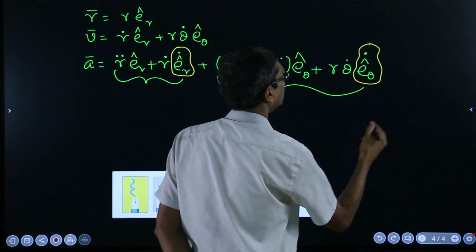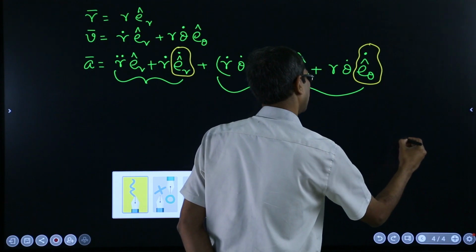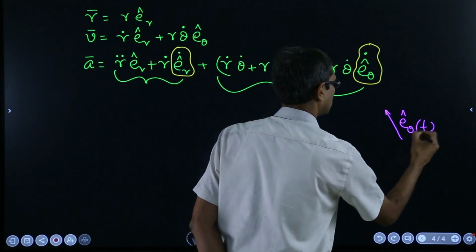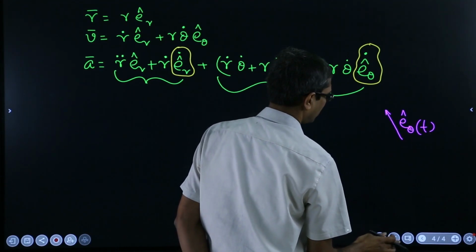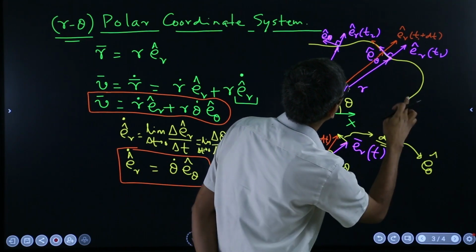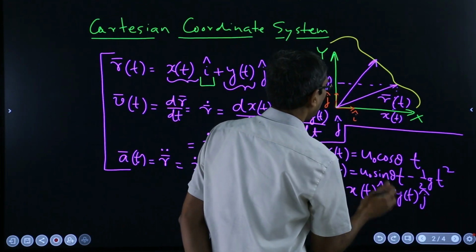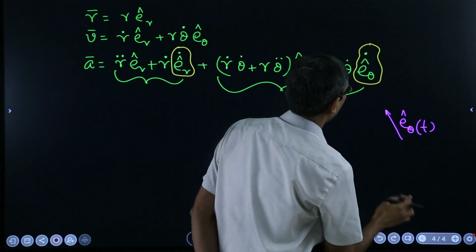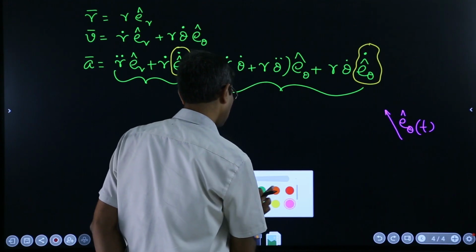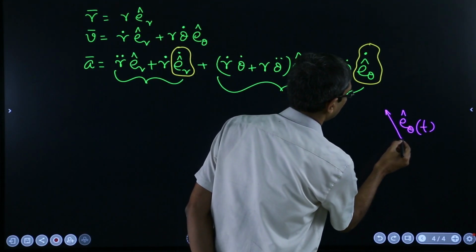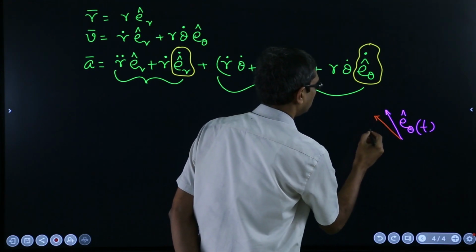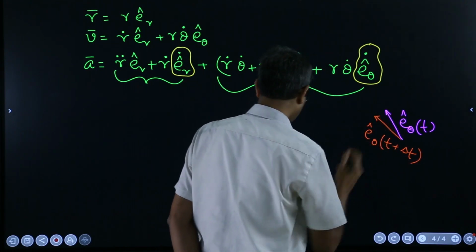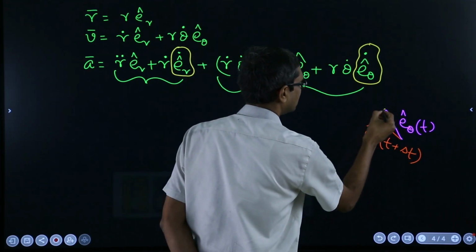So e theta at t was like this, and e theta prime, which is e theta at t plus delta t, differs from it by this.